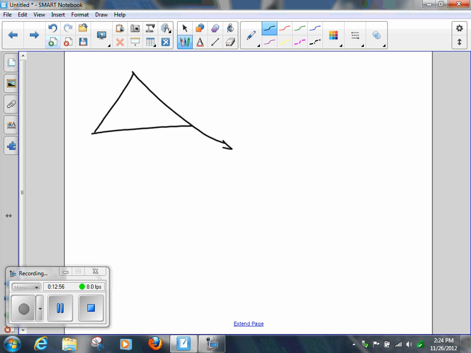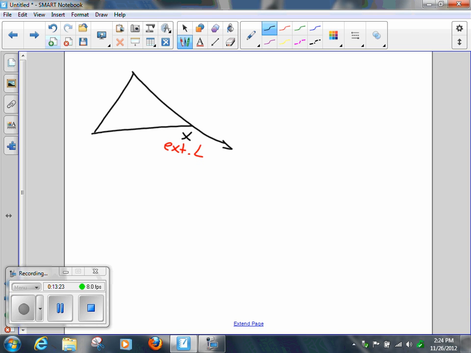It is supposed to be there. Yes, it really is. It's not a joke. No sarcasm, no joke. Let me tell you why it's supposed to be there. We've already learned this. If I wanted to find x, first of all, is x an interior or an exterior angle? Outside. It's an exterior angle.